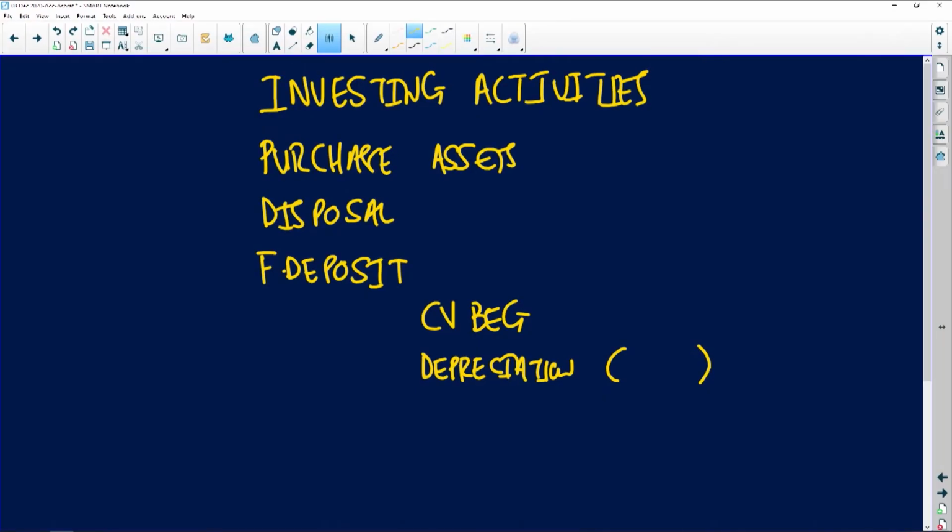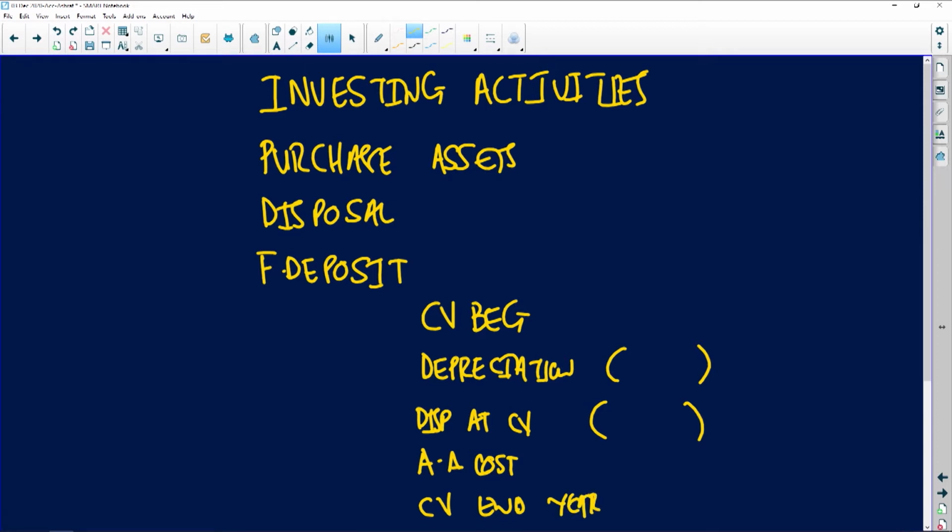So the order is important. You've got your carrying value at the beginning of the year right on top. You've got your depreciation for the year. You've got your disposals. But remember, at carrying value, right? Okay. Then you bring in your additions at cost. And then you have your carrying value at the end of the year.